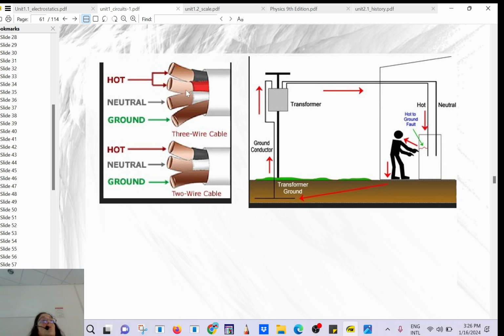So 240. So those big machines get 240 volt relative to the return path. And they also have a connection to the ground. Because those big machines, they have a motor inside. Each time you have a motor, that means it's consuming more energy.